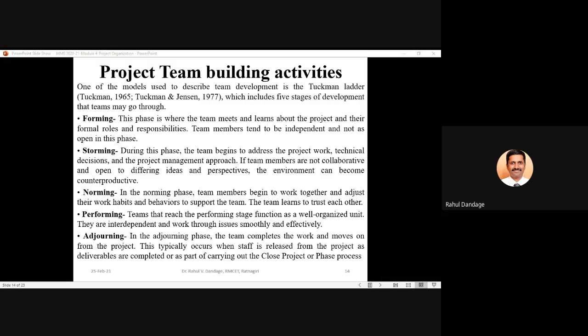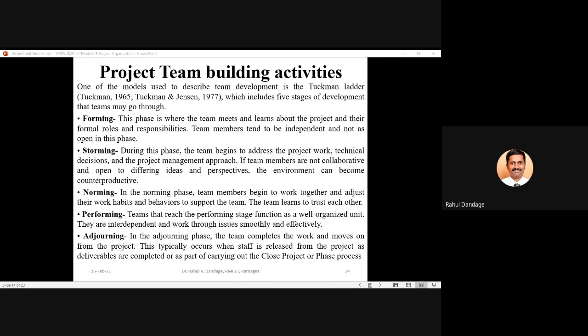Then the fourth step is about performing. In this phase, the team members reach the performing stage and function as a well organized unit. They are independent, they are interdependent, and work through issues smoothly and effectively.